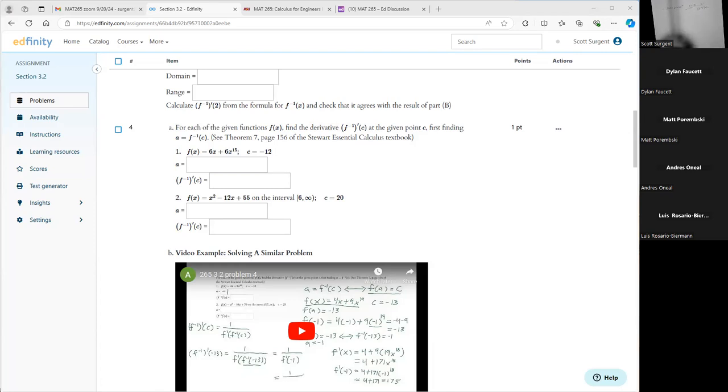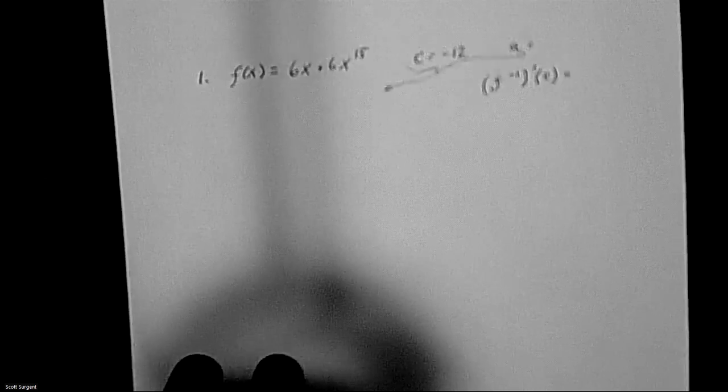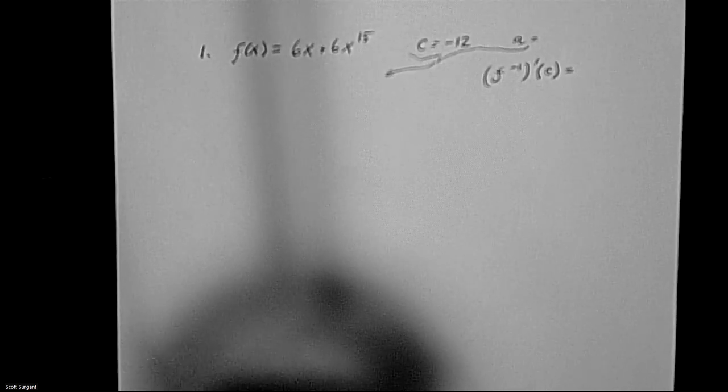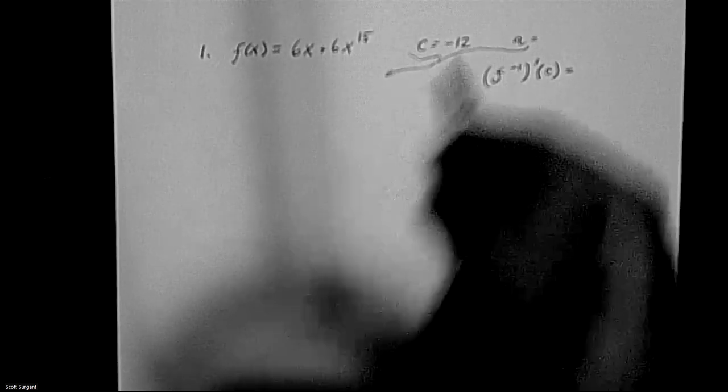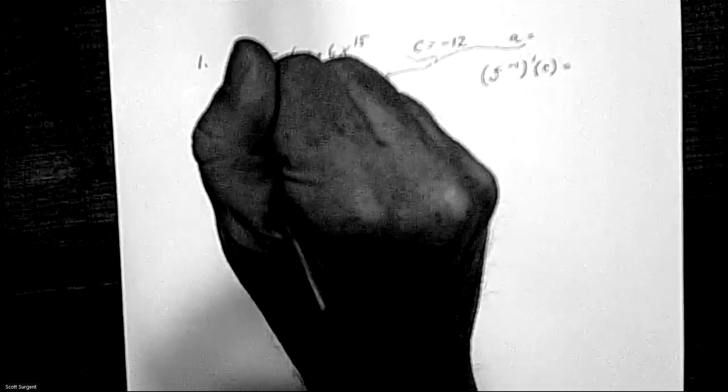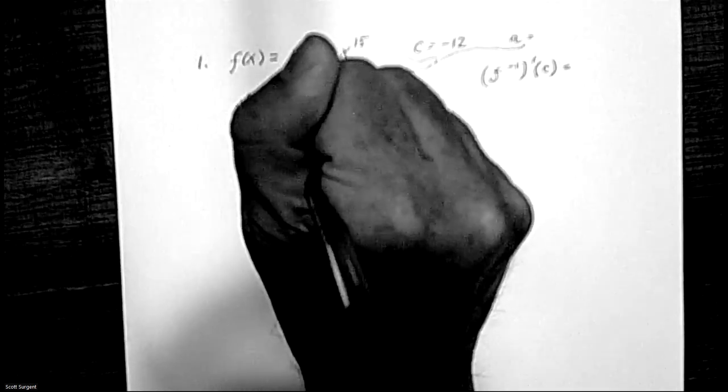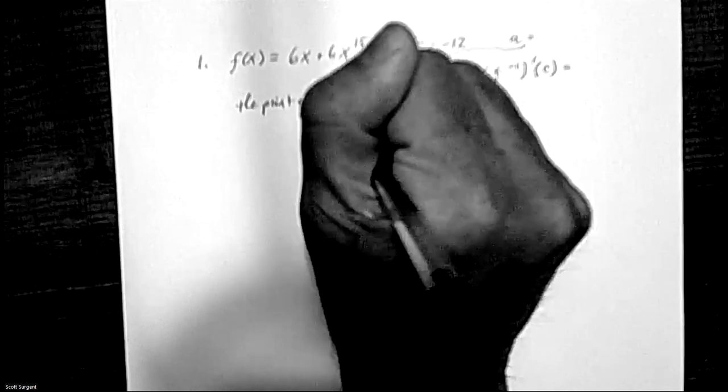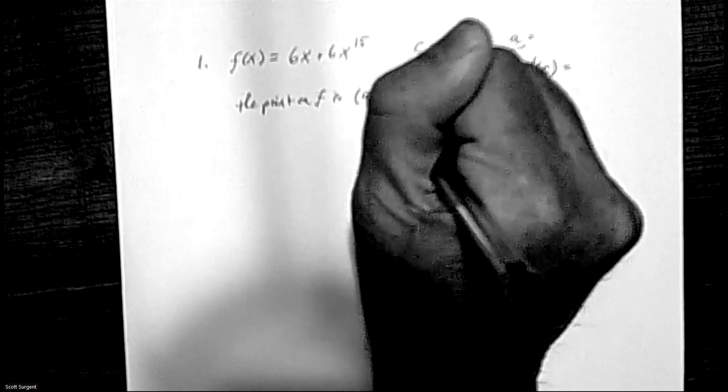I think part of what's not made clear here, and I will make this clear, is that, you know what, let me go to my writing screen here. The point on f is (a, c).